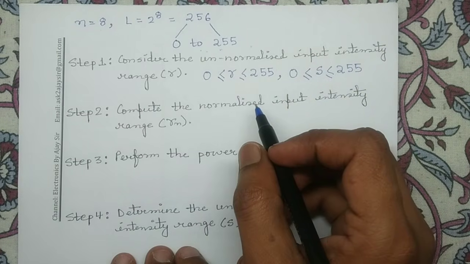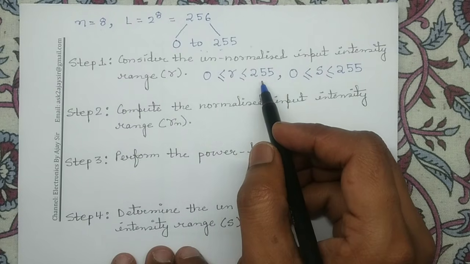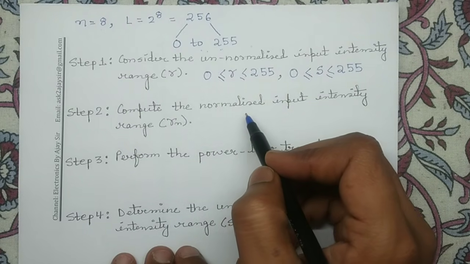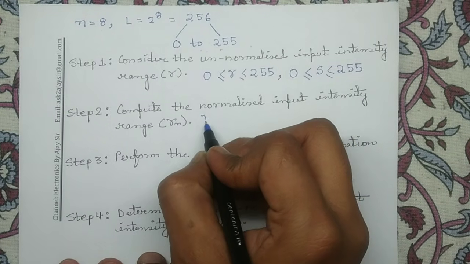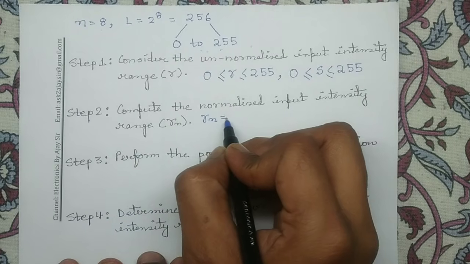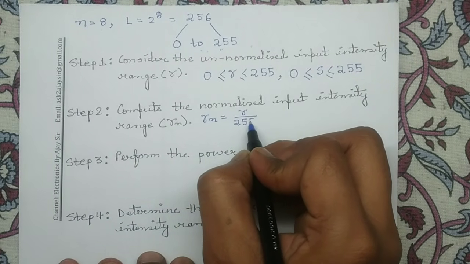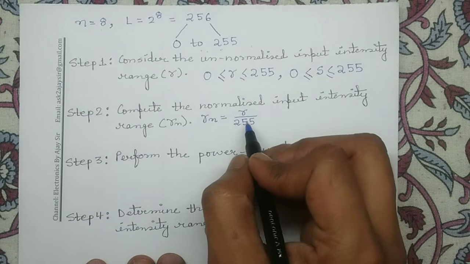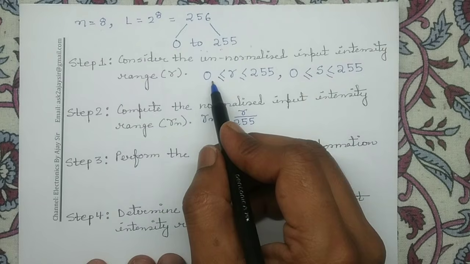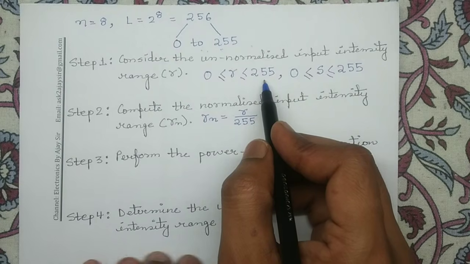Next, we will convert this unnormalized input intensity range R into normalized input intensity range Rn, and for the same we will perform a simple mathematical operation, that is Rn equals R divided by 255. So for normalization, each unnormalized input intensity value will be divided by its maximum intensity value, that is 255.